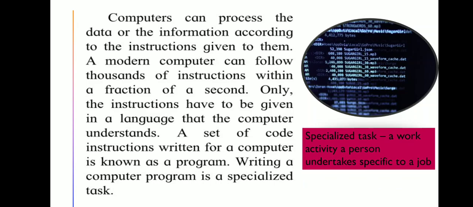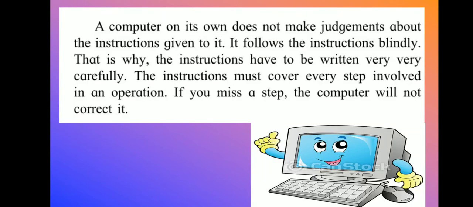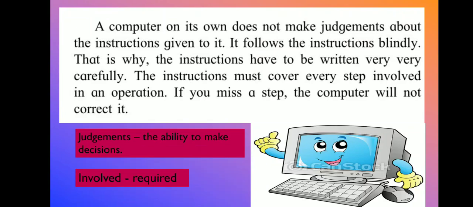A computer on its own does not make judgments about the instructions given to it. Judgment means the ability to make decisions. It follows the instructions blindly. That is why the instructions have to be written very, very carefully.